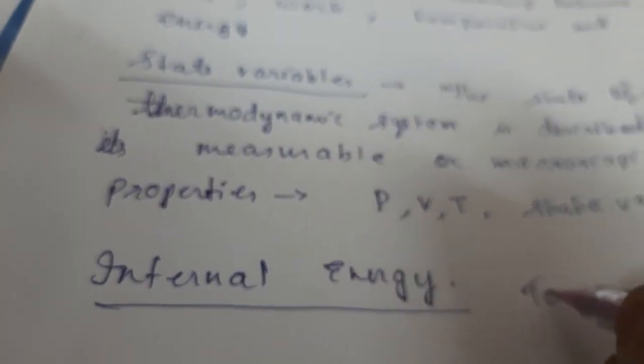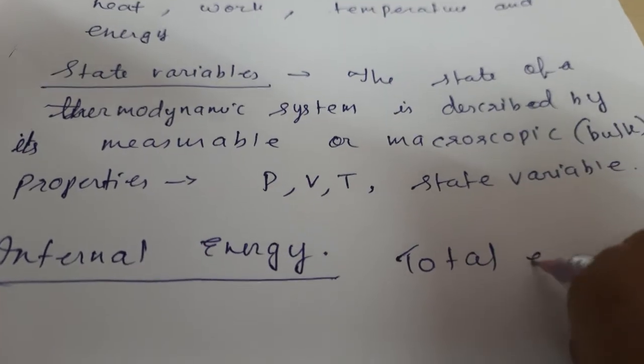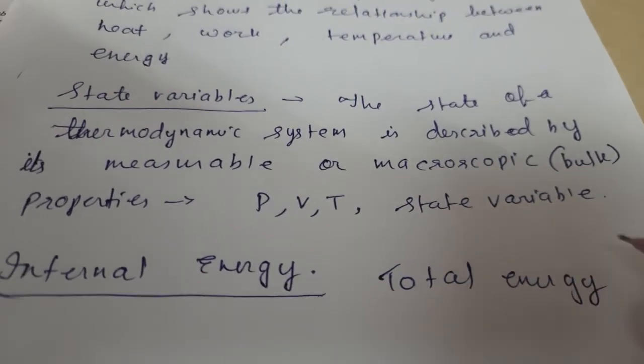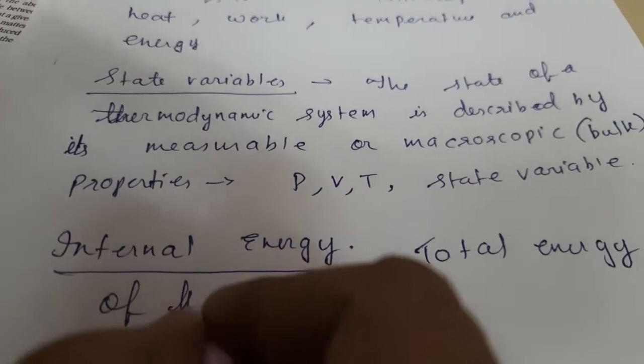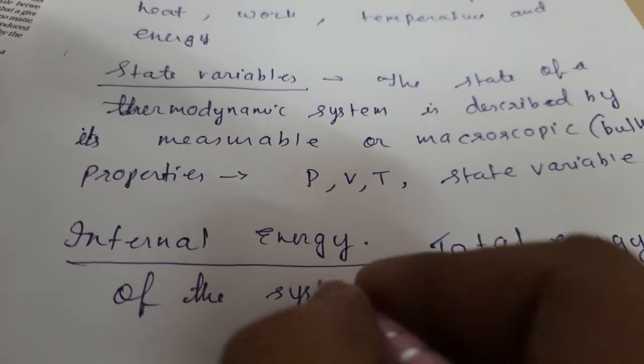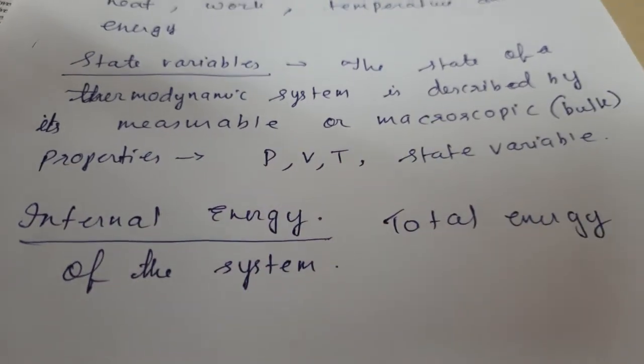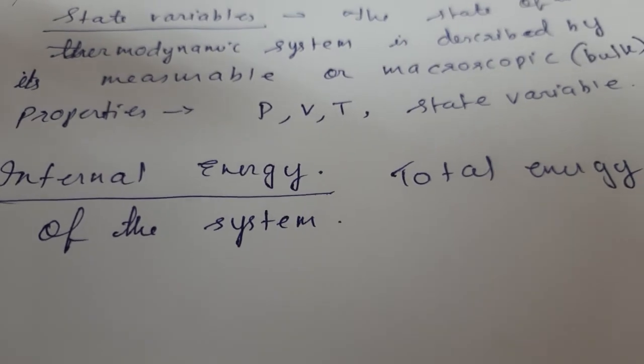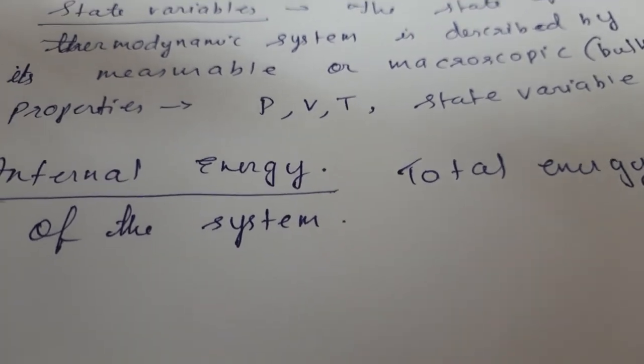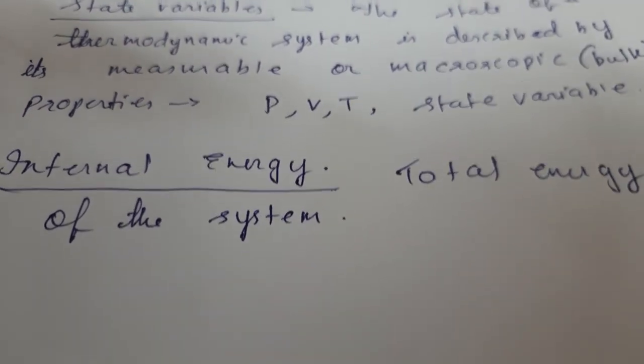So total energy of the system is known as internal energy. It may be chemical, electrical, mechanical or any other type of energy.